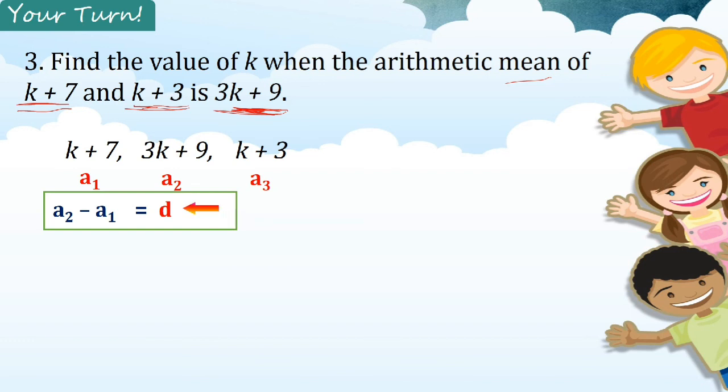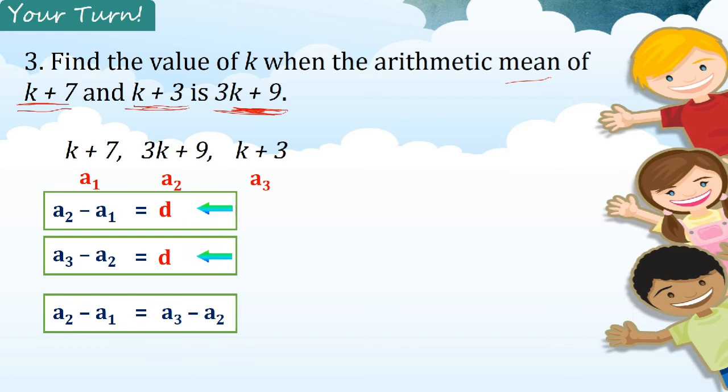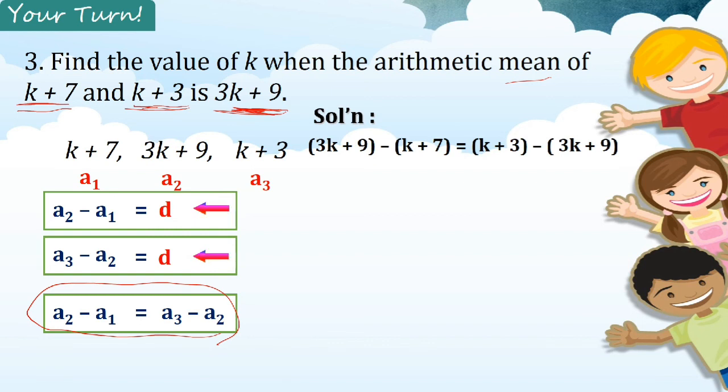So, a sub 2 minus a sub 1 equals a sub 3 minus a sub 2. And then, substitute, a sub 2 is 3k plus 9 minus a sub 1 is k plus 7. And then, a sub 3 is k plus 3 minus the value of a sub 2, that's 3k plus 9.